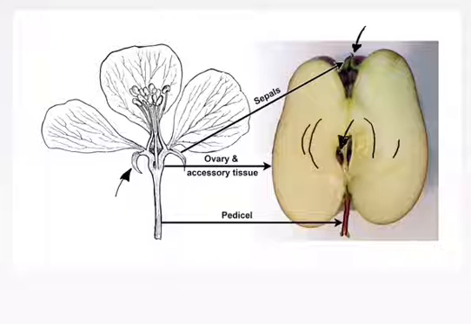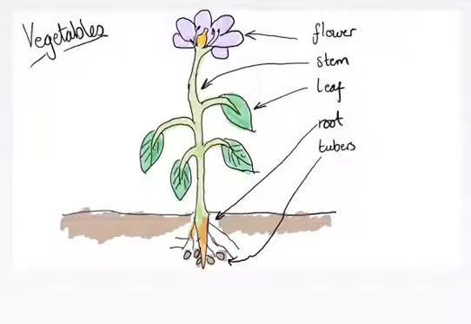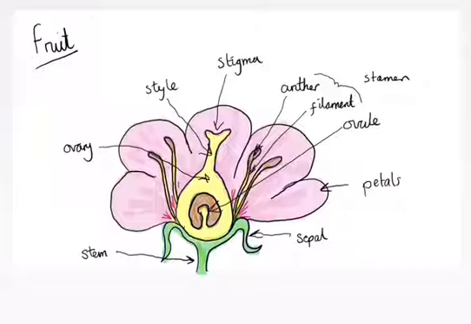So, if we're just going to clarify this quickly, any part of a plant that we eat is a vegetable: flowers, stems, leaves, roots, tubers, unless it used to be a flower and the flower has now grown into something else, and that counts as a fruit.